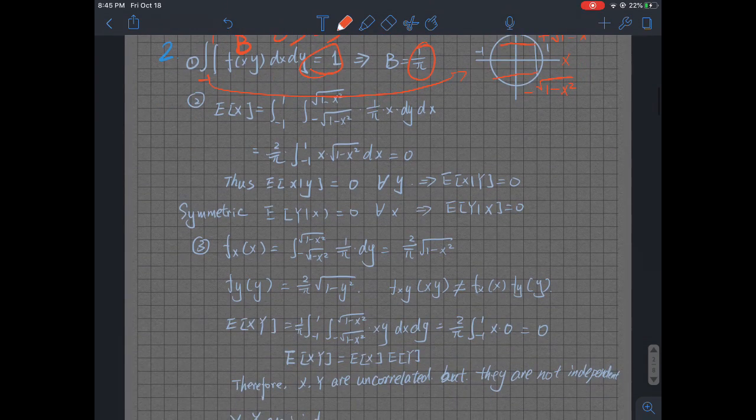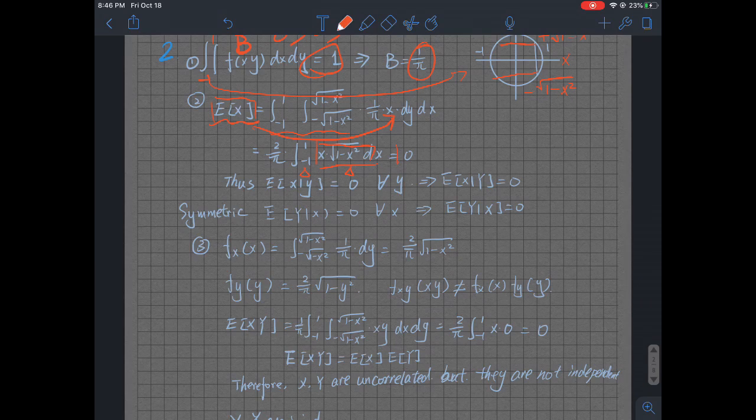Then, in the same way, we can calculate the expectation of x. The only thing we need to do is plug x into the density function, and integrate over the same scope of x and y. We need to calculate this integral, but we know that this is an odd function, and the scope is from -1 to 1.